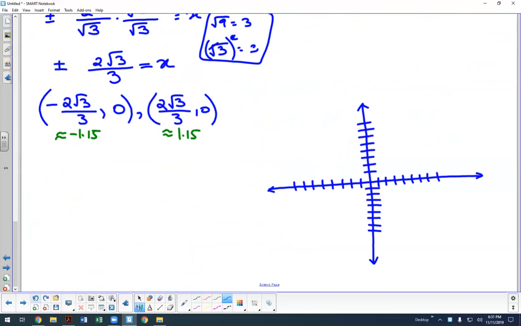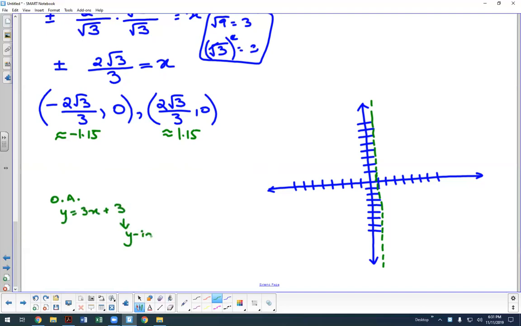Okay, so let's see, our vertical asymptote was at x equals 1. So positive 1, which will be right here. We had an oblique asymptote. Now this you need to graph like you graph a straight line. So this is y equals 3x plus 3.